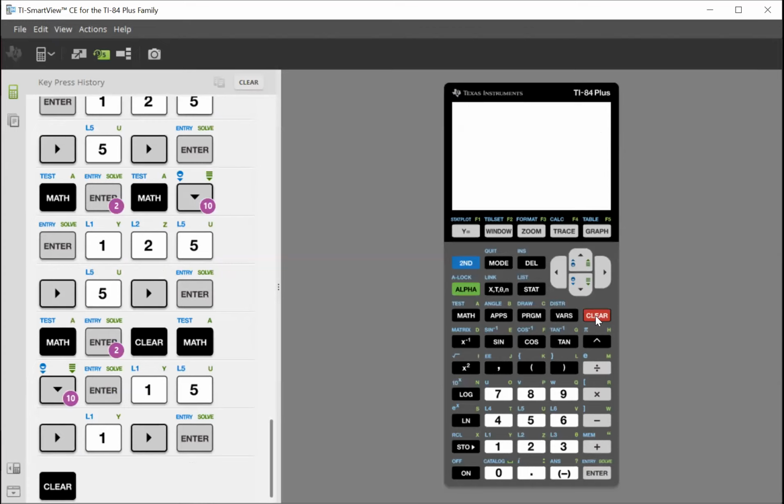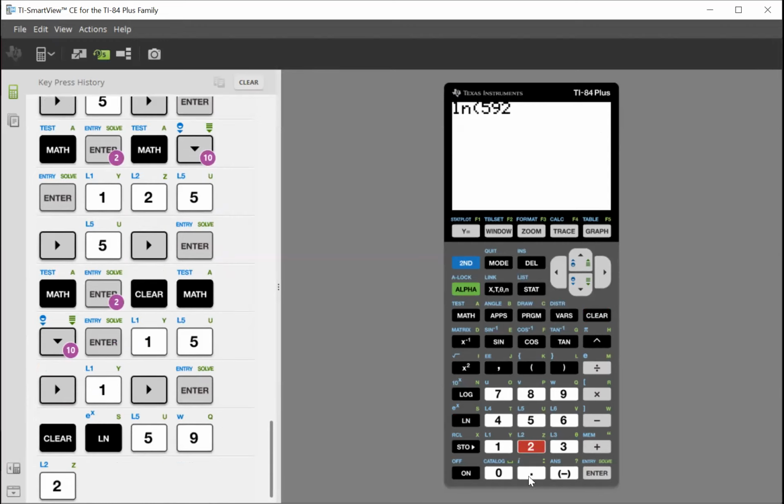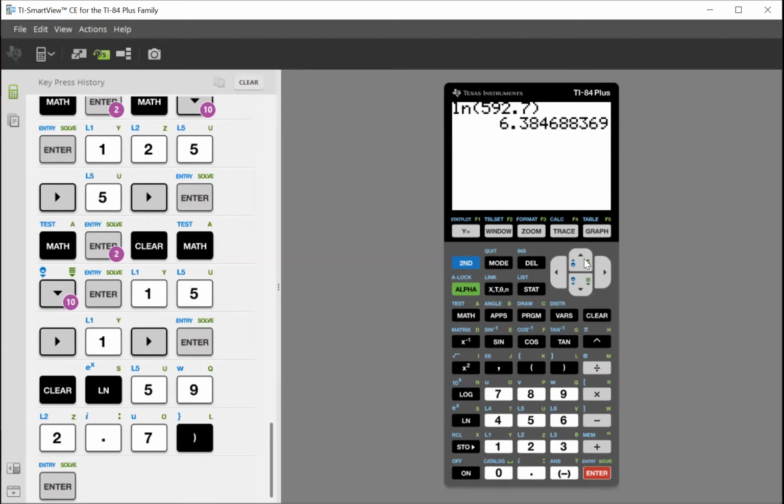LN is on the very front of my calculator, about a fourth of the way down. So I'm going to hit the LN, and then I'm going to punch in my 592.7. Now I'm going to hit enter.